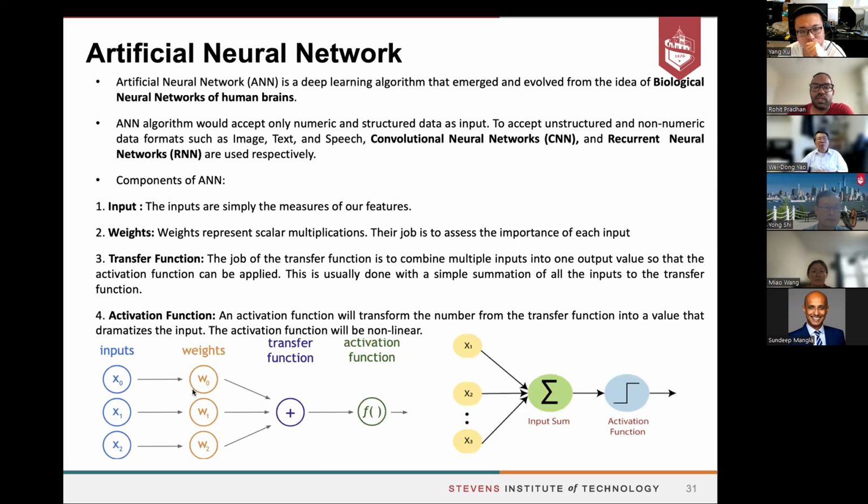We multiply the inputs and the weights, the summation of it is calculated in the transfer function, and then we give this to an activation function. There are different types of activation functions, and based on our business case, we will use them.